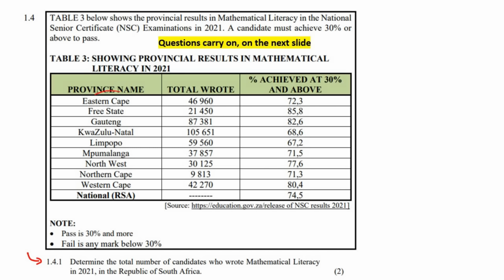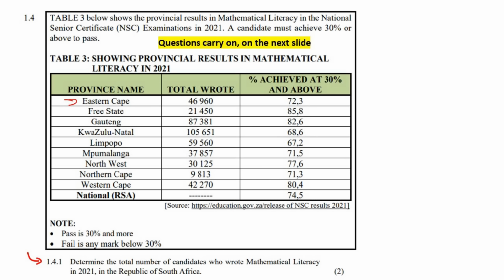So we've got the different provinces in South Africa, the 9 different provinces: Eastern Cape, Free State, Gauteng, and so on. For example, in the Eastern Cape, there were 46,960 learners who wrote in 2021, and the percentage that got 30% or more was 72%. So 72% got 30% or more.